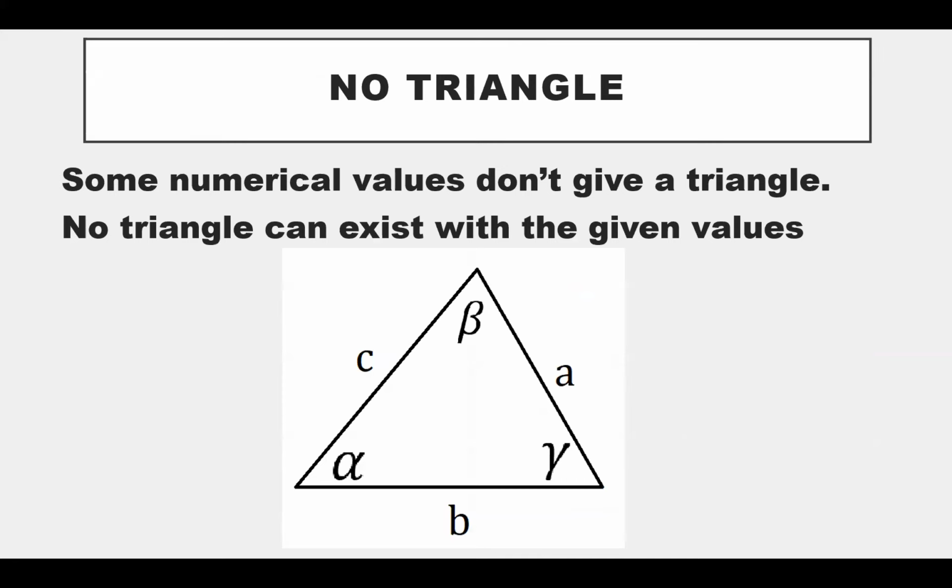Now, I want to state another thing. Some numerical values don't work for a triangle. There are some values that when you plug them into the equation, they just don't create an actual triangle. So we can't willy-nilly just throw in different values for A and B and C and expect to have a triangle which exists.